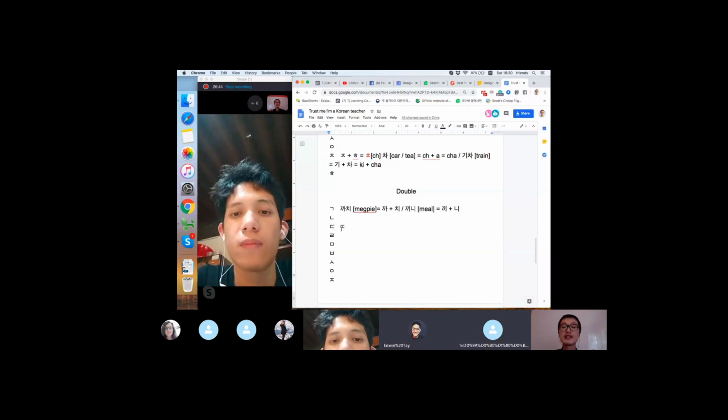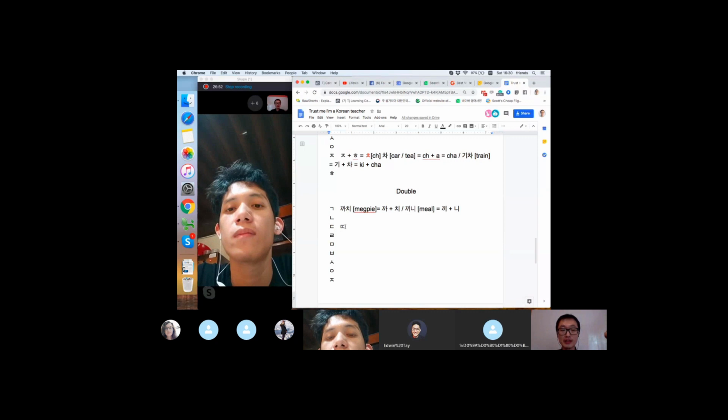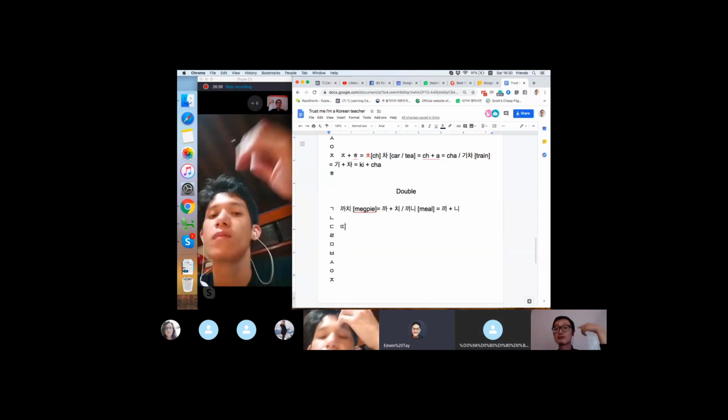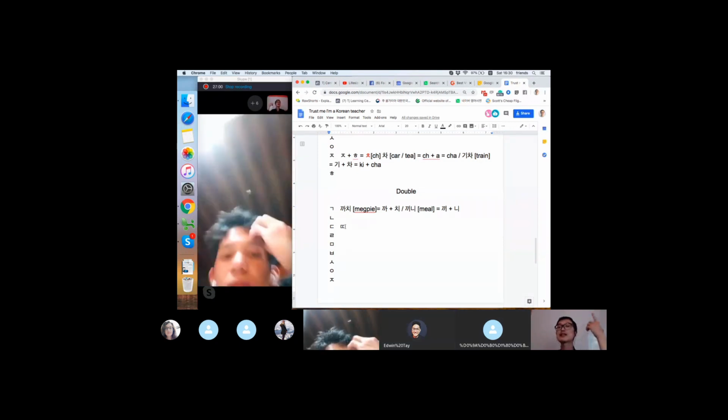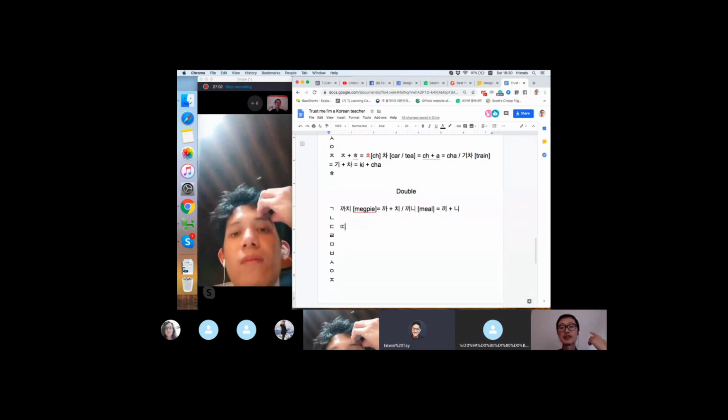The sound of ticket is good or two, but the sound of double ticket, we call it sang ticket. The sound must be in the high note.